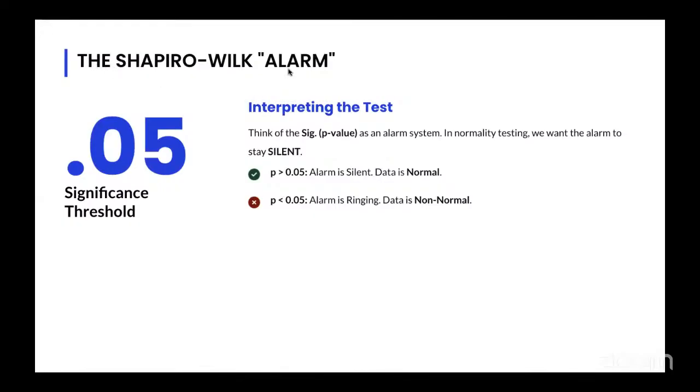We're going to think of the p-value as an alarm, an alarm system for weirdness. What we want to see is that if our alarm is silent, the data is normal. If our alarm is ringing, if the p-value is less than 0.05, it means that the data is not normal. So this is how we interpret this.